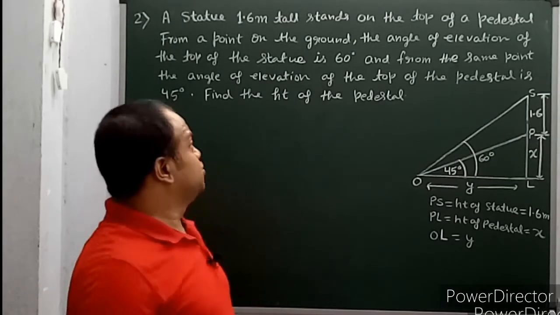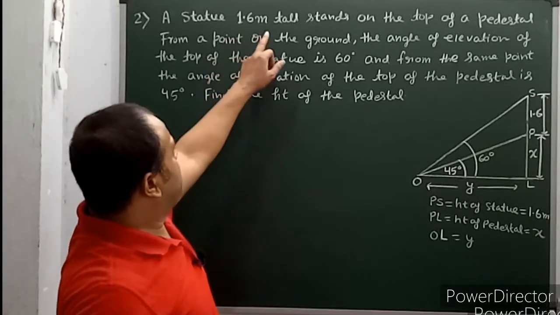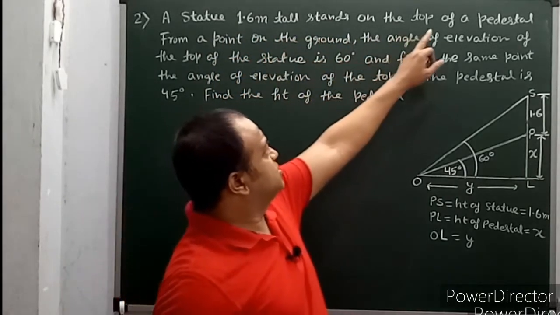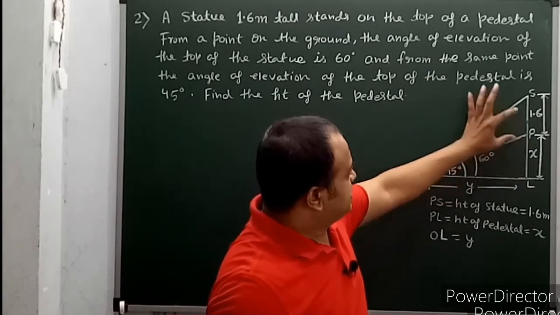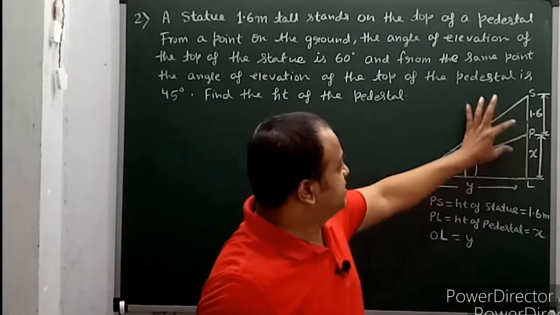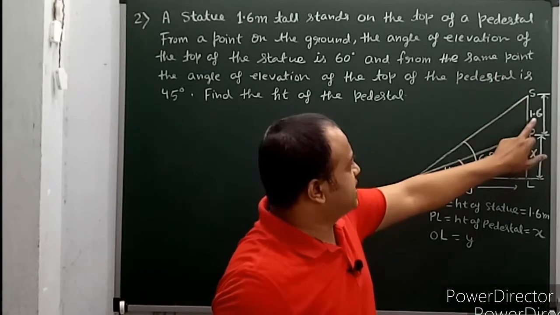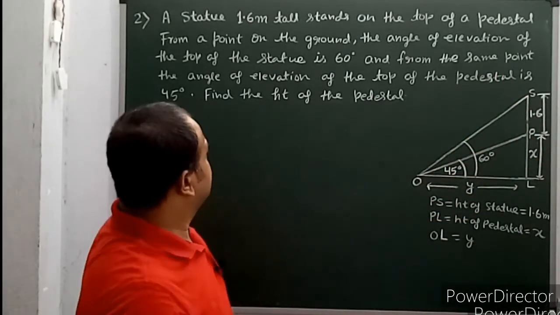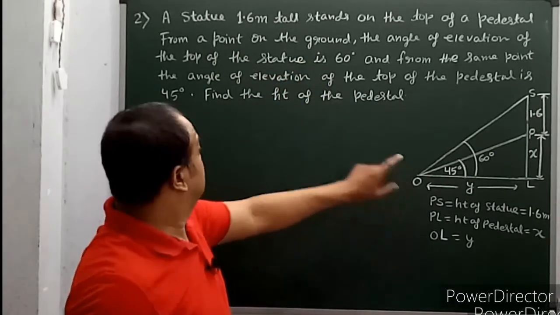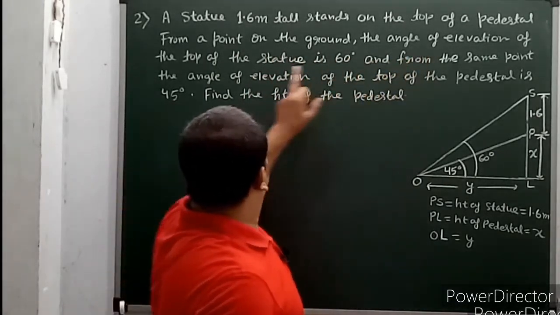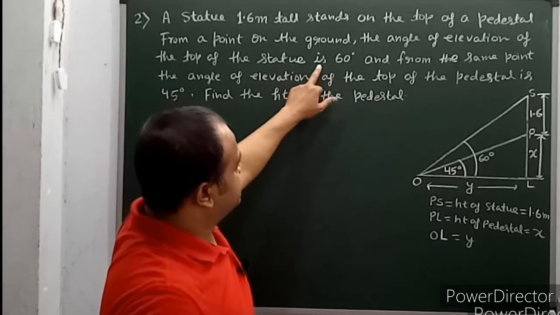Question number 2 is: there is a statue 1.6 meters tall that stands on the top of a pedestal. PL is the pedestal whose height we have to find, and PS is the statue whose height is 1.6 meters. From a point on the ground, here O, the angle of elevation of the top of the statue is 60 degrees.